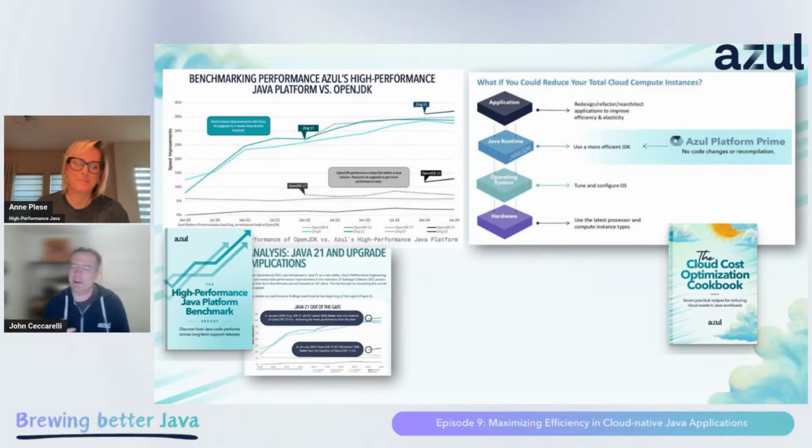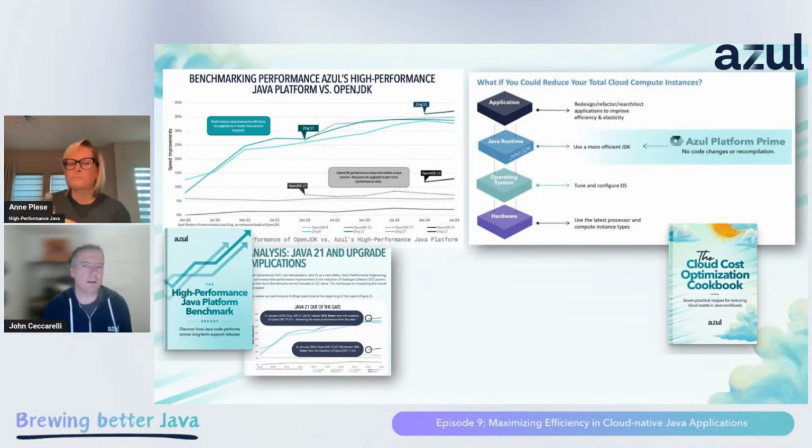Right. But in both cases, a lot of times what happens is you're prioritizing stability, right? And that usually means staying on a Java version. A lot of people stay on Java versions for a long time. Java itself, OpenJDK itself, is getting faster with every Java release. So Java 17 is faster than Java 11.